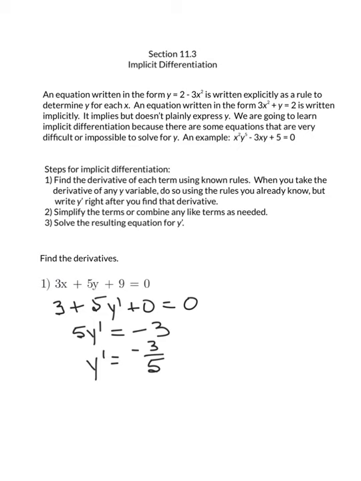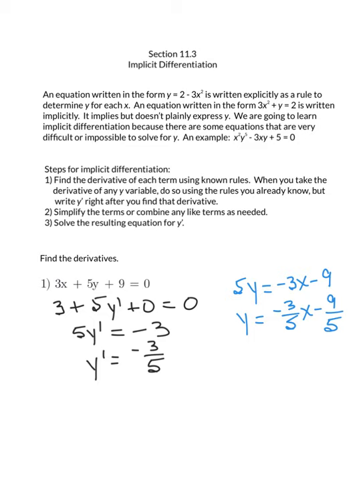What I want you to see is that that equation could easily have been solved for y. We could have made that 5y equals negative 3x minus 9, and then divide everything by 5, so we would have y equals negative 3/5 x minus 9/5.